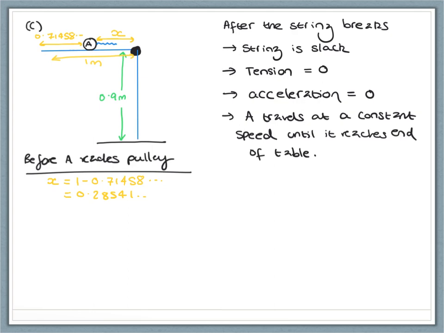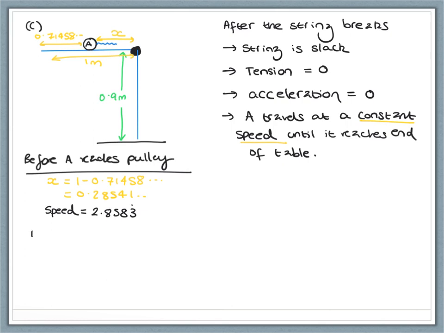Now remember, until A reaches the pulley, we've said it's travelling at a constant speed, so we can simply use speed equals distance over time, and its speed is the speed it was travelling at the point when the string broke. Now we know what that speed is equal to. It's equal to 2.8583 recurring.